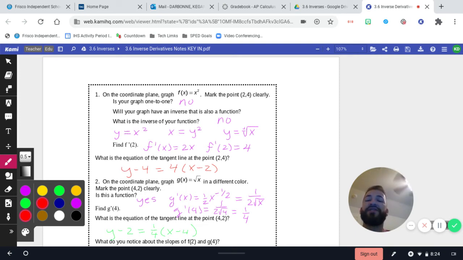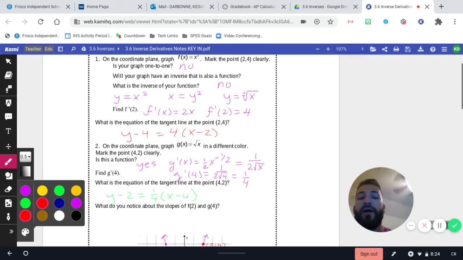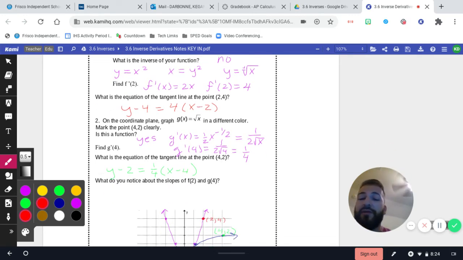So we can't always just switch x and y and find the inverse function. Sometimes we have to use what we know about the original function and its inverse's derivatives, and that they are reciprocals of each other, to calculate the derivative of the inverse function.